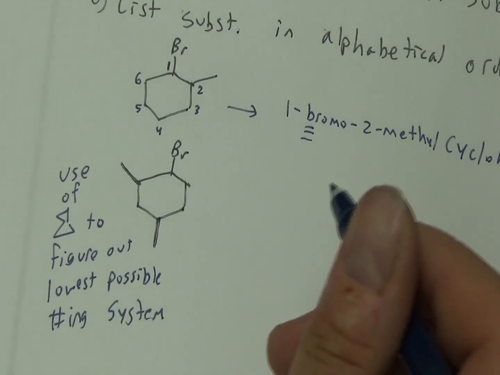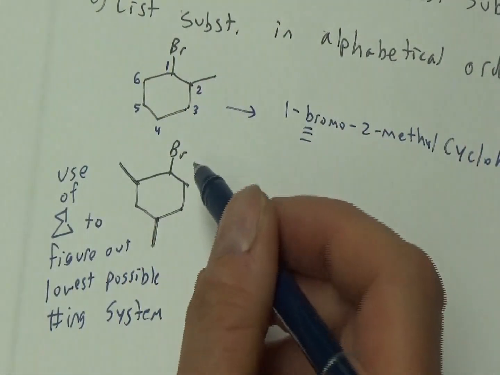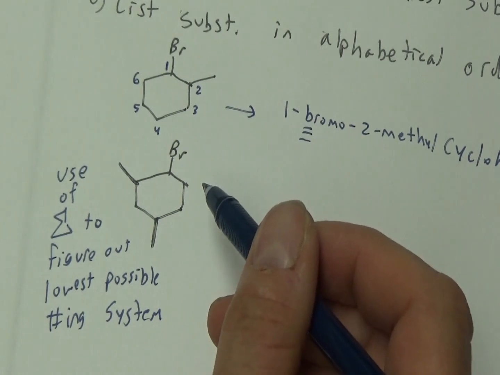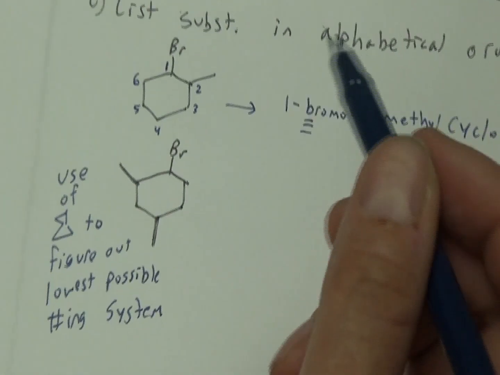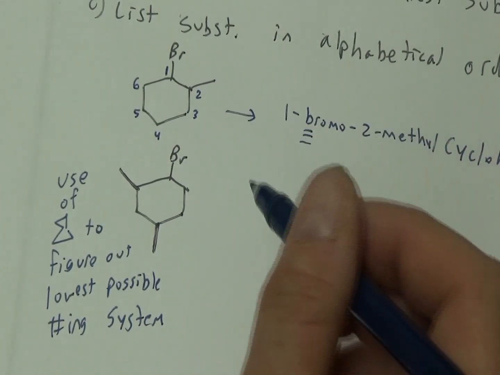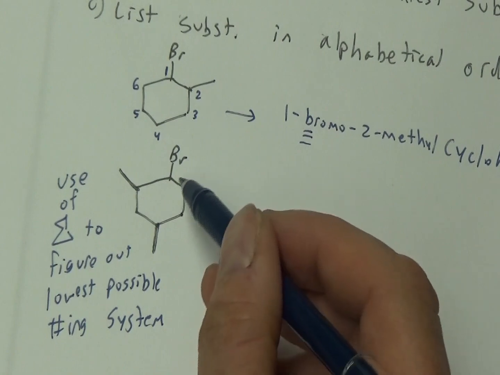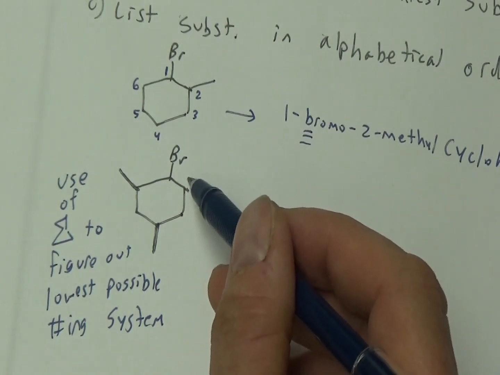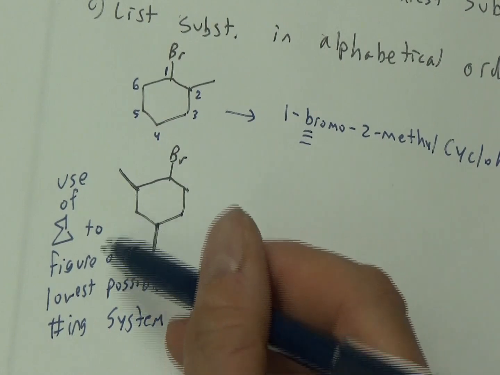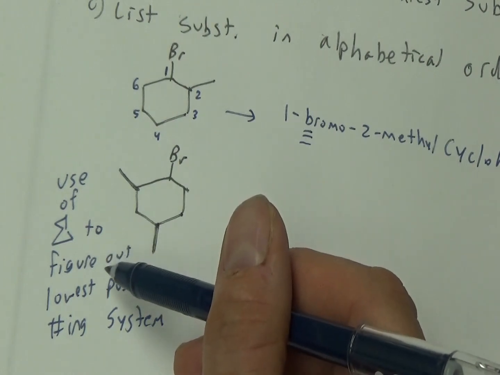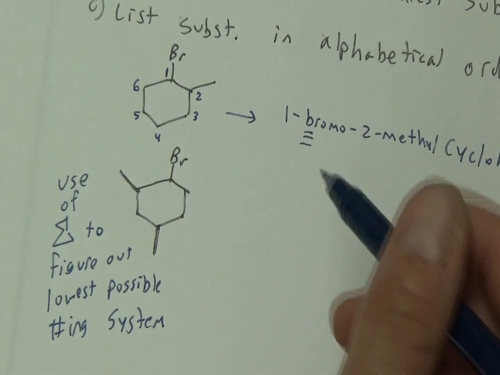So let me give an example with this one. We have a couple ways we can possibly do this, and alphabetization is not going to be the big thing here. We need to come up with a couple systems, and then we use the sum of the numbers to differentiate them. Let's show what I mean by that.